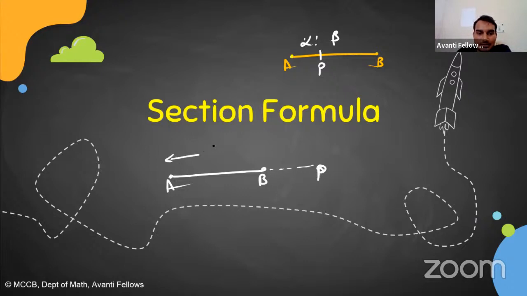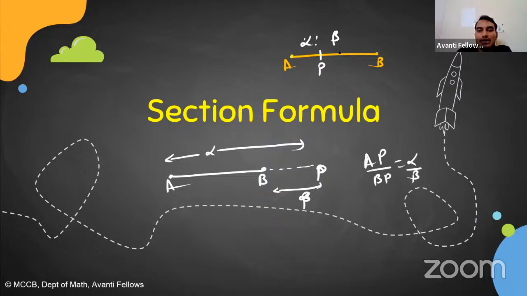Means find the point P such that AP upon PB is alpha upon beta. Clear? So in those situations, how you will find the coordinate if the coordinates of points A and B are given, that we are going to look into in this section.